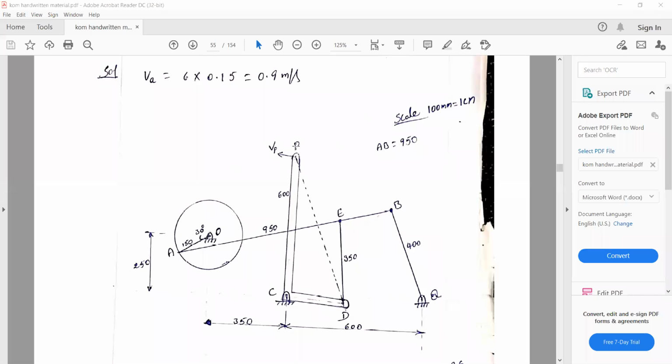DCP is this one L-shaped link. This is totally one L-shaped link, the DCP, and CP is 600.